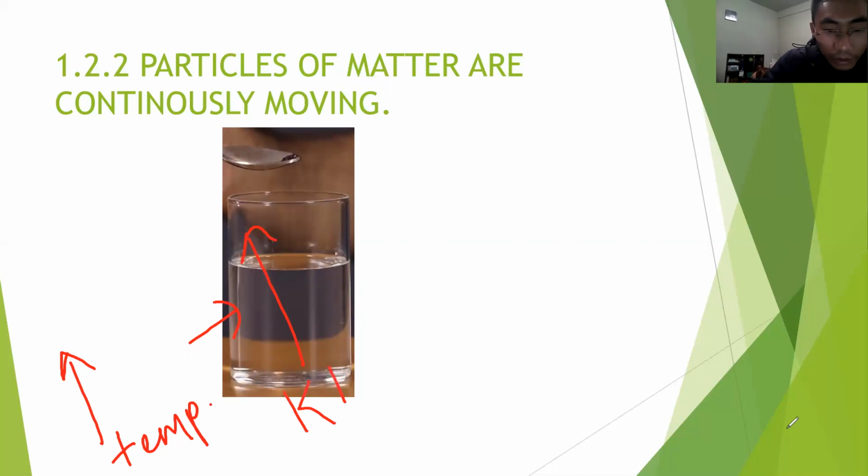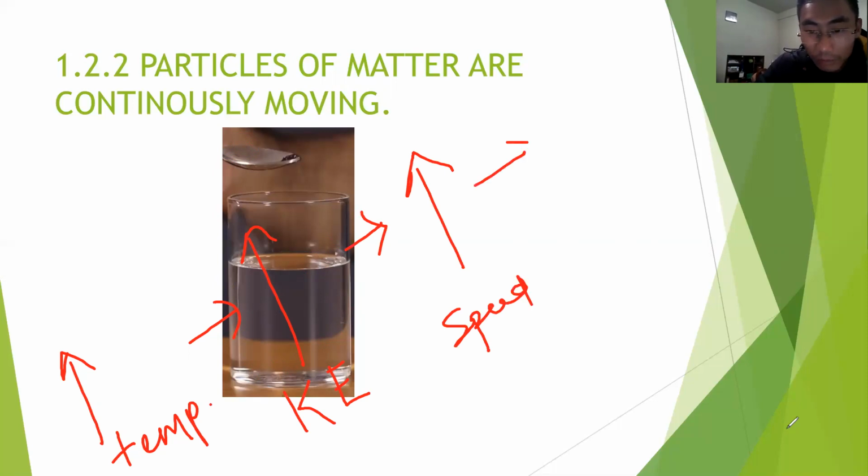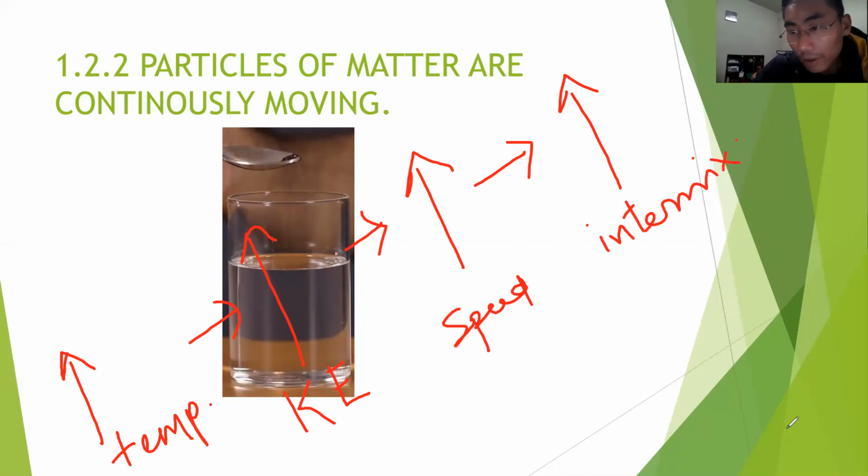Kinetic energy increase means the speed of the particles is increasing. If the speed of the particles increases, then the rate of intermixing also increases. So that is it.